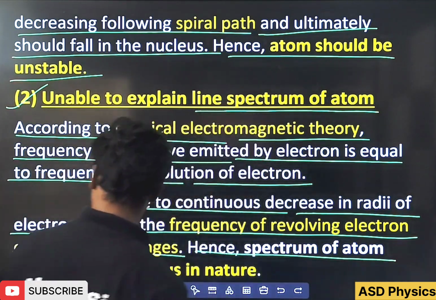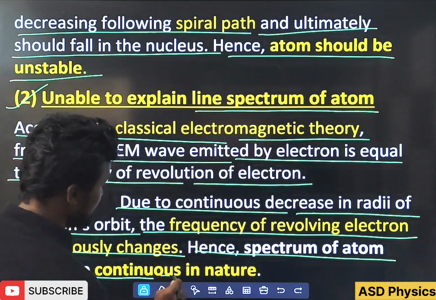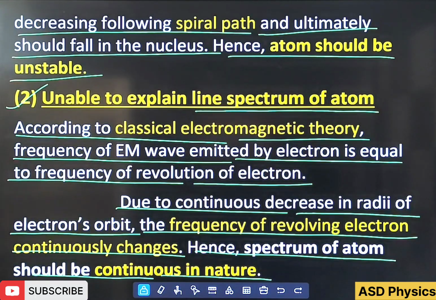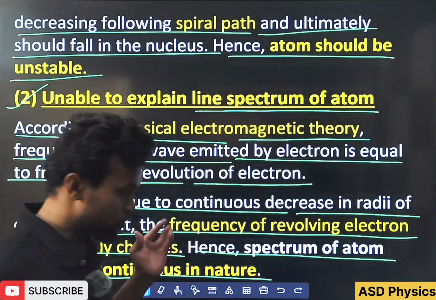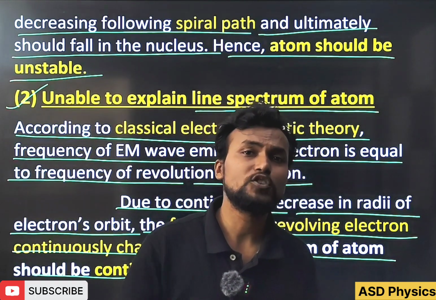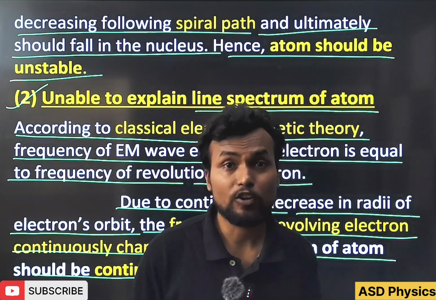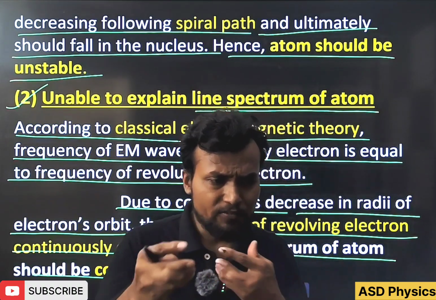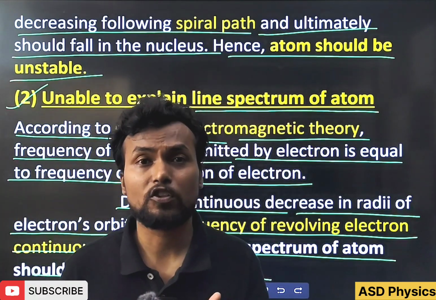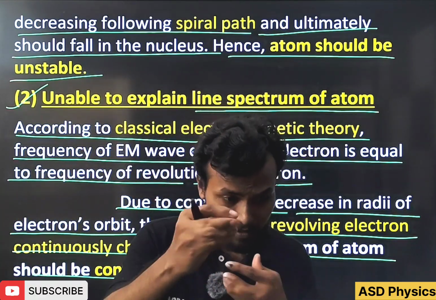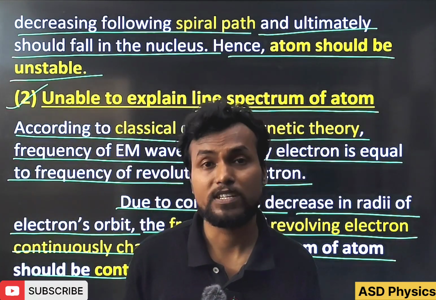Hence the spectrum of the atom should be continuous in nature. Kindly see very well. Later, in the hydrogen atom in Niels Bohr's model, there are the Lyman, Balmer, Paschen, Brackett series. Depending upon which orbit to which orbit the electron is jumping, we can tell the wavelength and frequency of the photon.